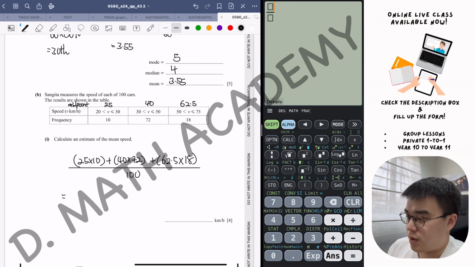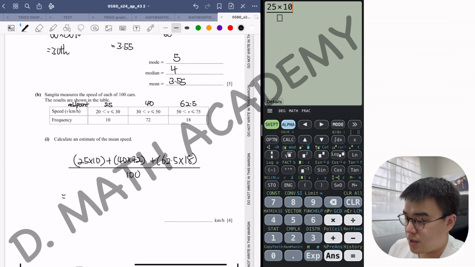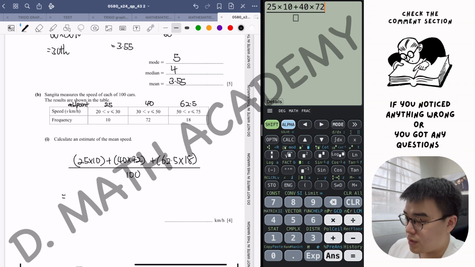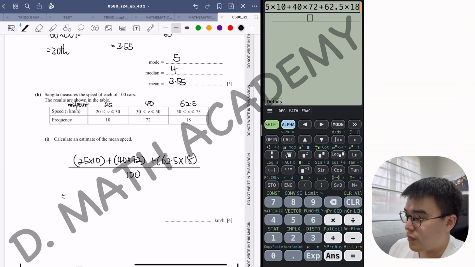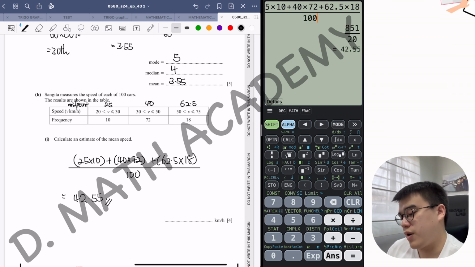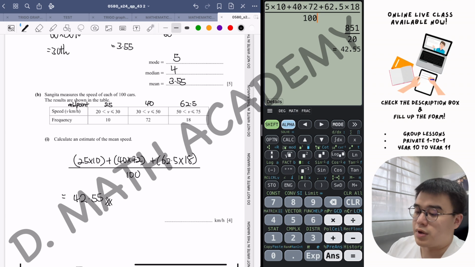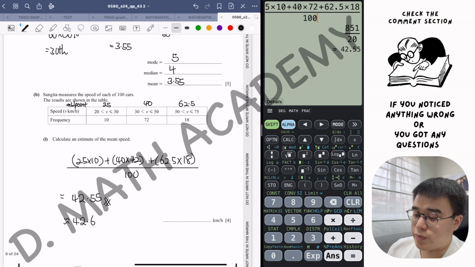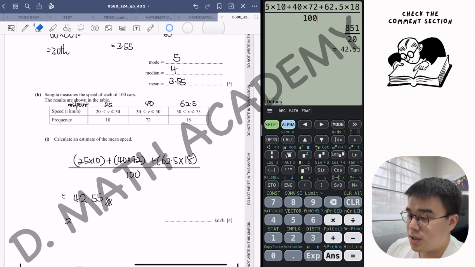You should be able to get your answer as 25 times 10, 40 times 72, 62.5 times 18, over 100, making the answer 42.55 kilometers per hour.